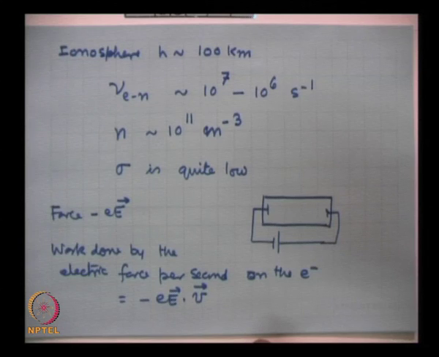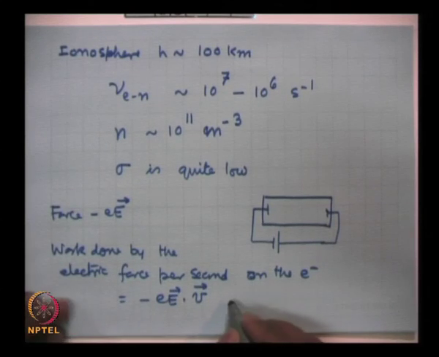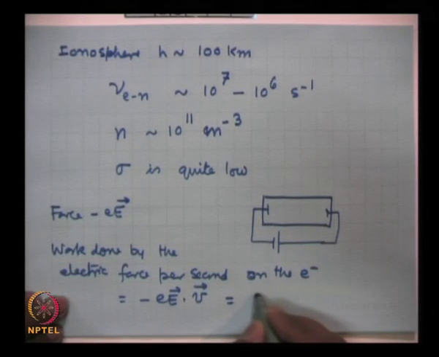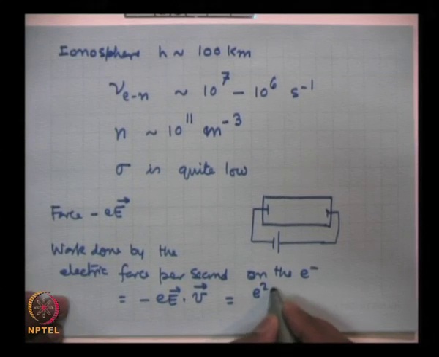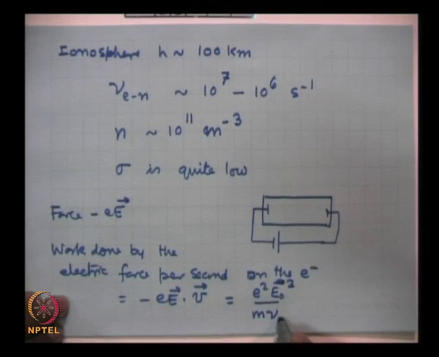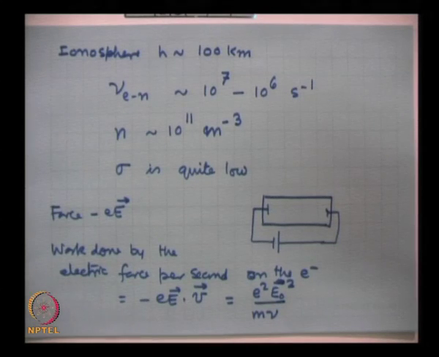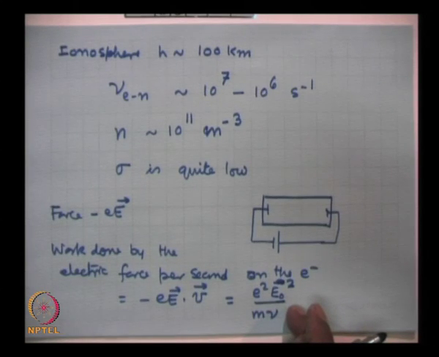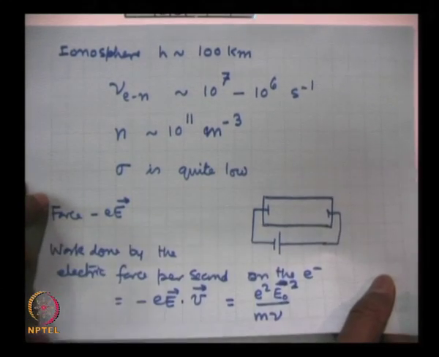If we put the value of v that I had just derived, this turns out to be equal to e squared E0 squared upon m nu. This I had written. So, this is the energy each electron gains per second from the electric field, and as a result its temperature will rise.